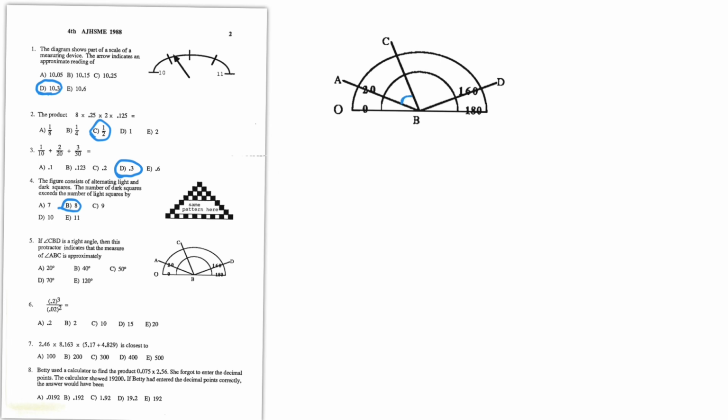Given CBD is a right angle, that's 90 degrees. And angle ABD equals OBD, which is 160, minus OBA, that's 20. Total is 140.